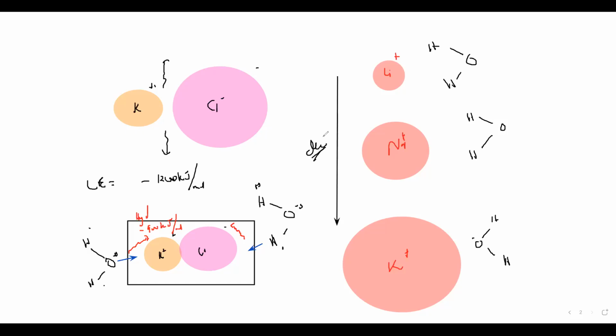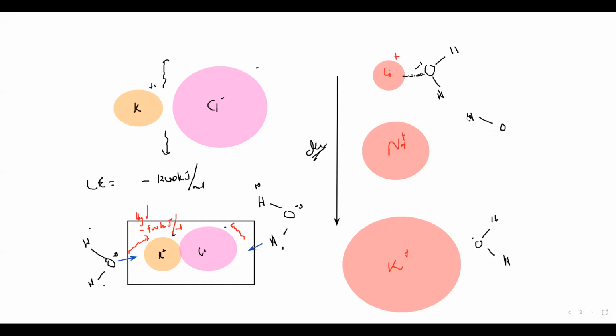And what is the reason for that? Because here, in a water molecule, oxygen is attracted instead of hydrogen. Oxygen is partial negative. So the partial negative oxygen and the positive ion can come very close to each other. So they have a strong bond.